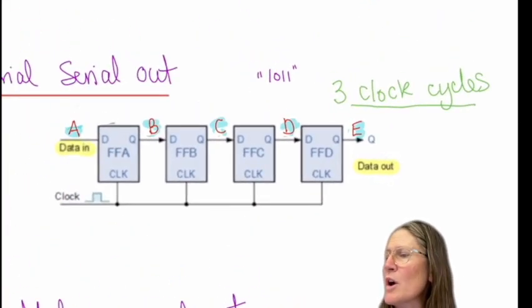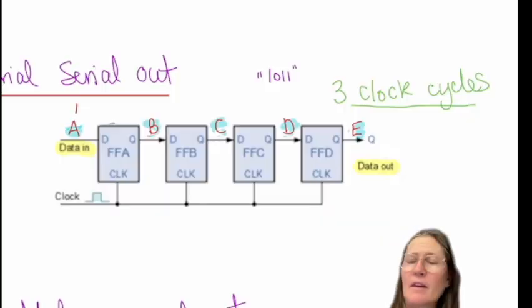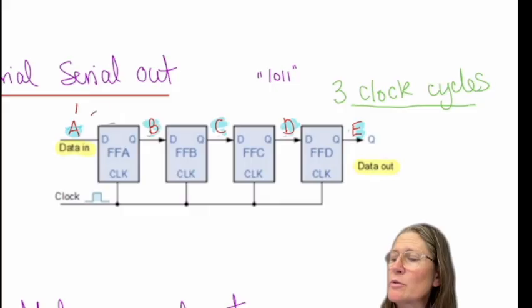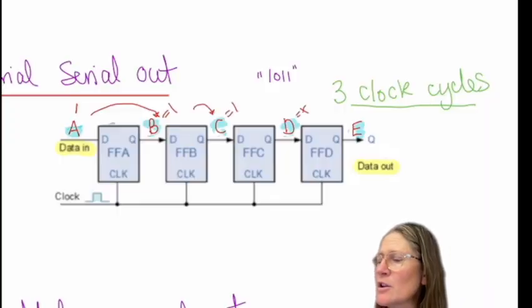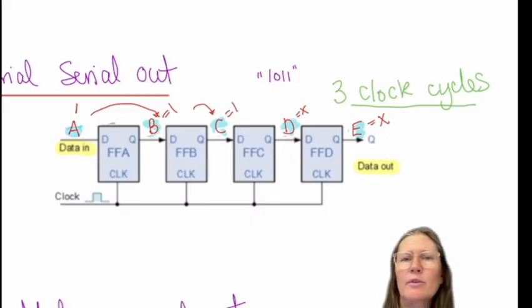Okay, at cycle 1, I'm going to have a 1 here, right? Cycle 2, that's going to shift to this one. Cycle 3, and then you are unsure what's going to be on those, so you would use X's. So that one will be here.